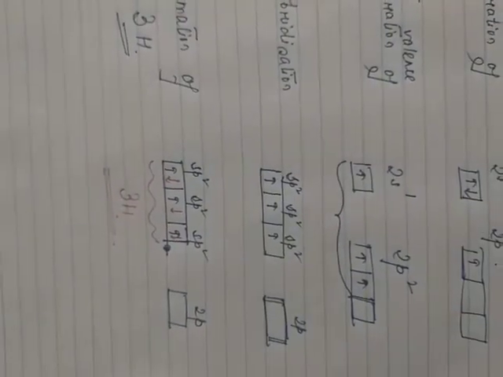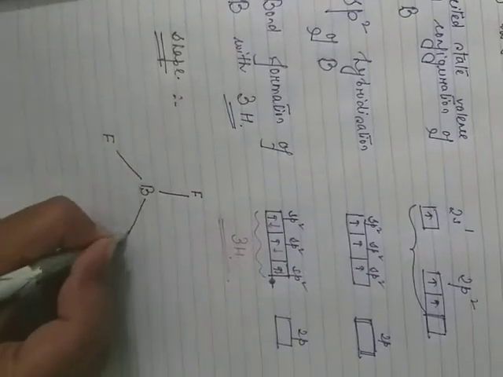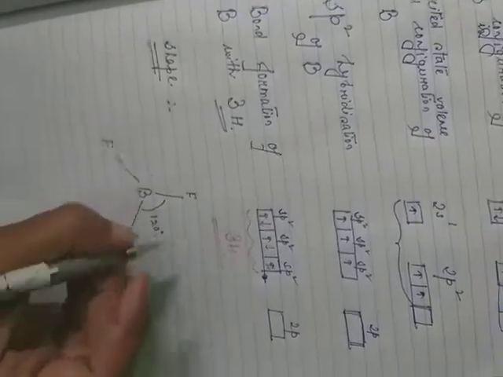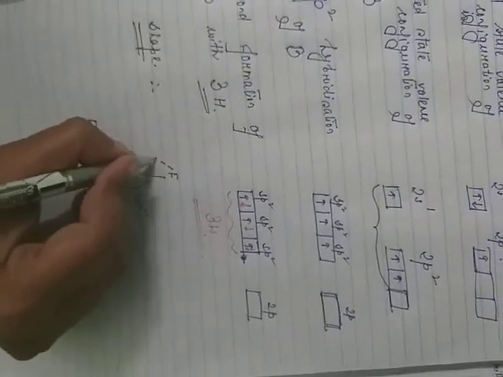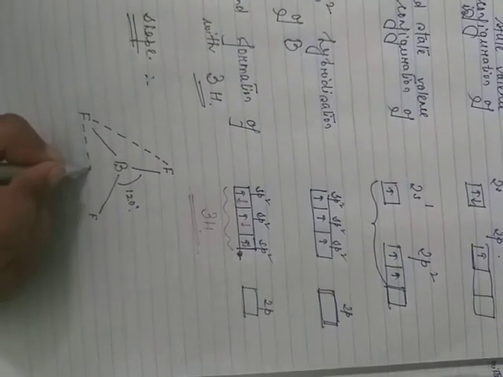The shape of the molecule will be, here is the molecule, this is the central atom boron, this is one fluorine, this is another fluorine, this is another fluorine. These bonds make a bond angle of 120, just like the blades of a fan, and this is an imaginary line joined to get the full shape of the molecule.